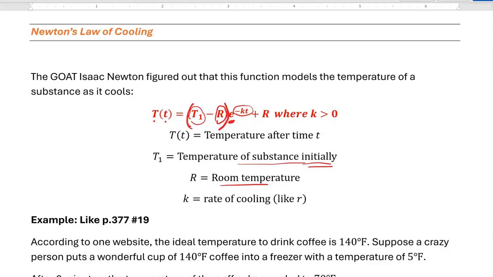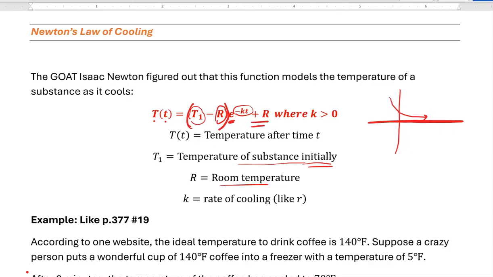So we would expect, if you think about this, normal exponential decay is going to go down like this, right? This isn't quite that because it doesn't cool down to 0, like here would be your 0 baseline. It cools down to the room temperature.